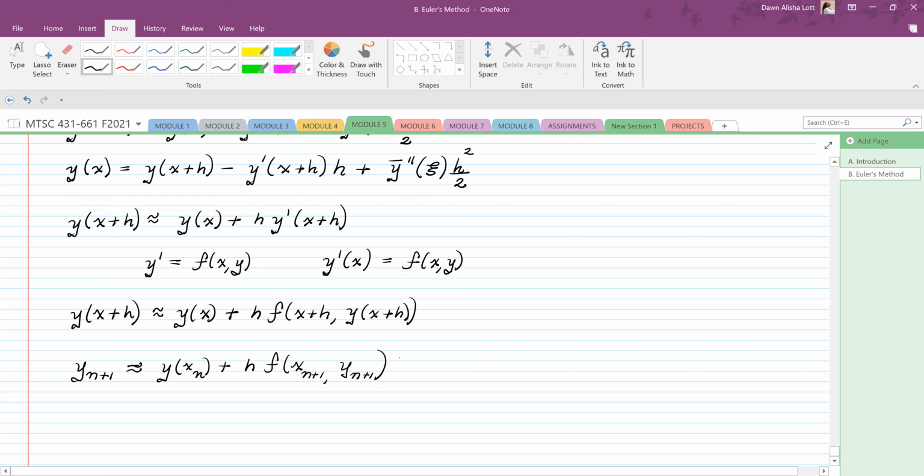So what do you notice about backward Euler? What do you notice about backward Euler?